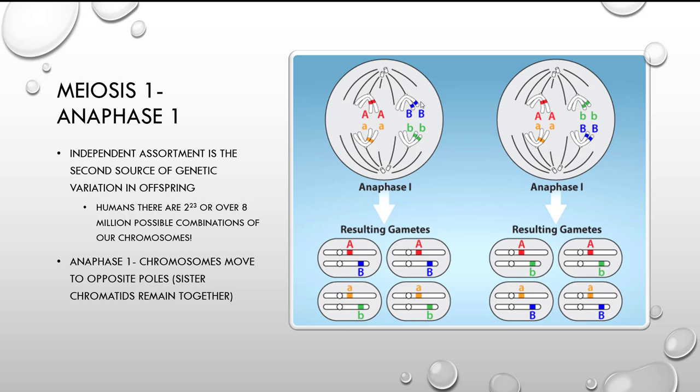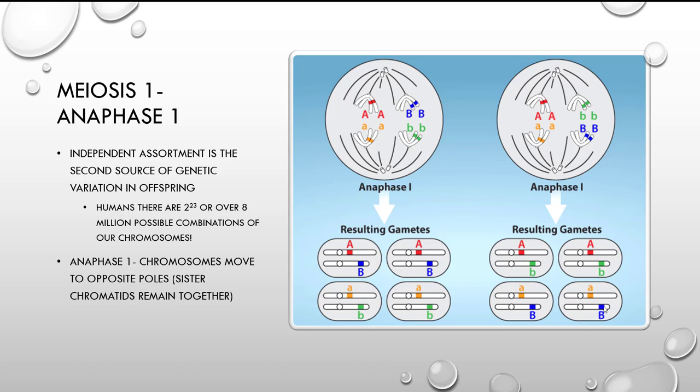So all the capital letters are on one side, lowercase letters are on another side. So this is one possible way that the chromosomes could have oriented themselves. Here's the other possibility. So big A, little b, little a, big B. And so based on these possibilities, here's an example of the resulting gametes from this combination. Here's the resulting gametes based on this combination.